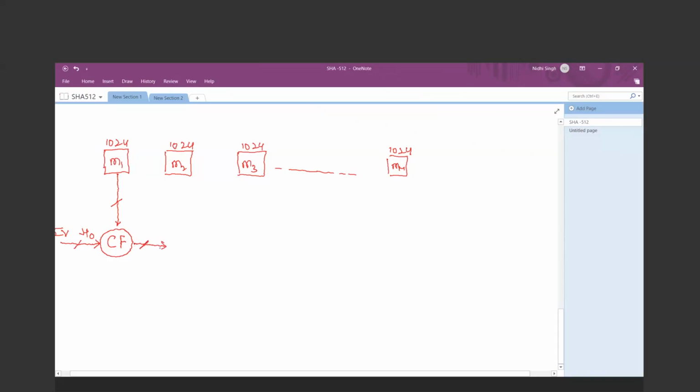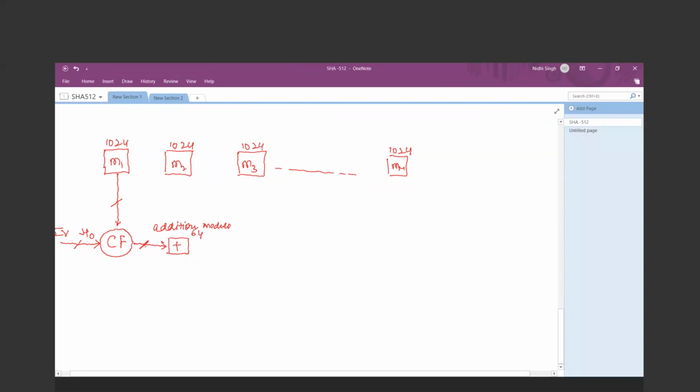This output will be fed into one operation called addition modulo 64. Because there is addition, we need two inputs.